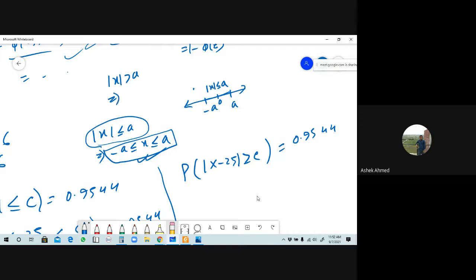This represents minus a is greater than x is greater than a here. Now tell me what do you mean by this? Implies x is less than minus a, or another term is x is greater than a. What do you mean by this? This represents here the values of x is greater than a here. তাহলে from here tell me, what do you mean by x is less than a?